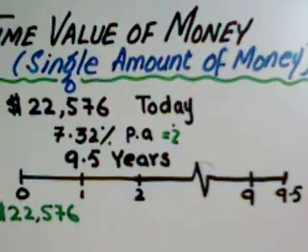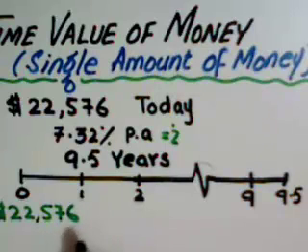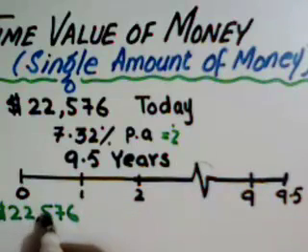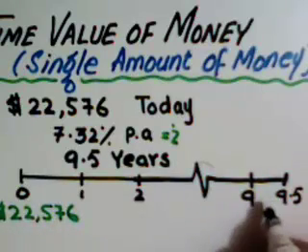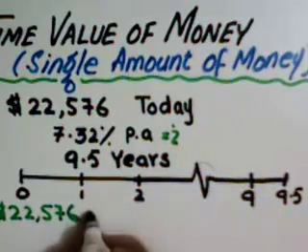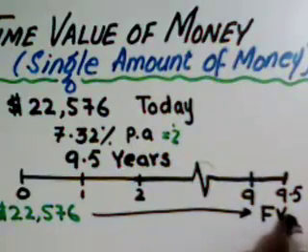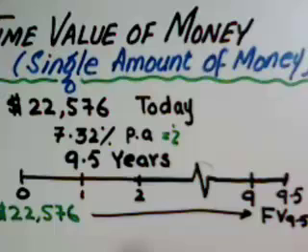Now to solve this, we shall write the formula of future value, because we want to know the future value of this amount of money that we have at time 0, at the end of 9.5 years.